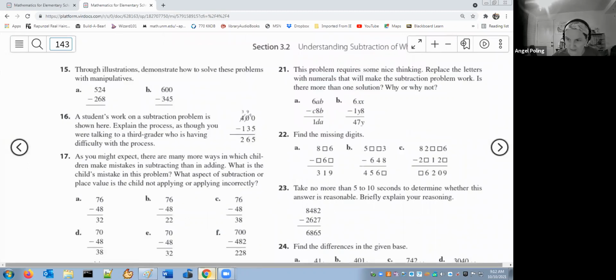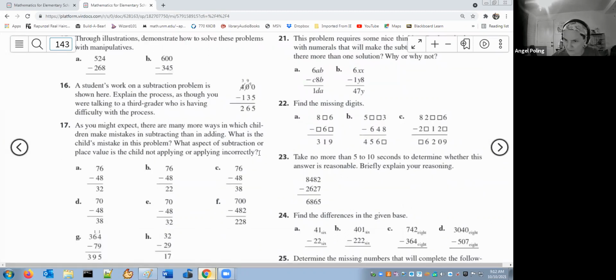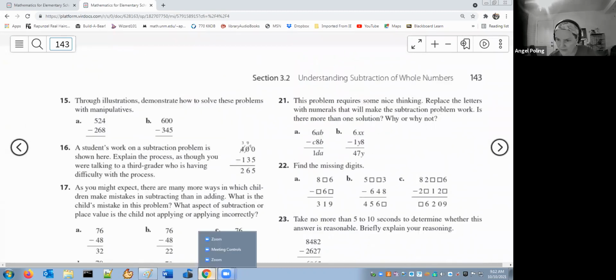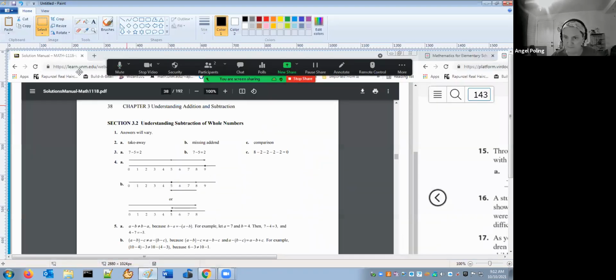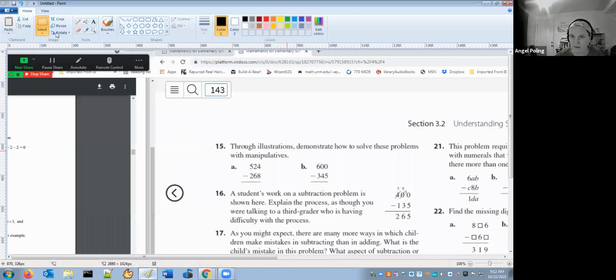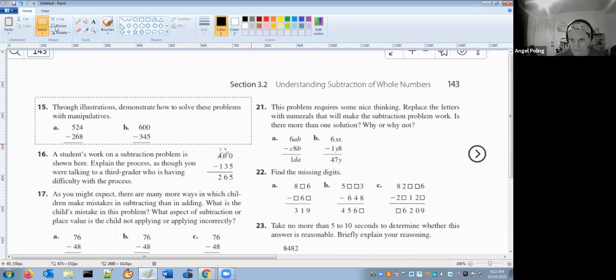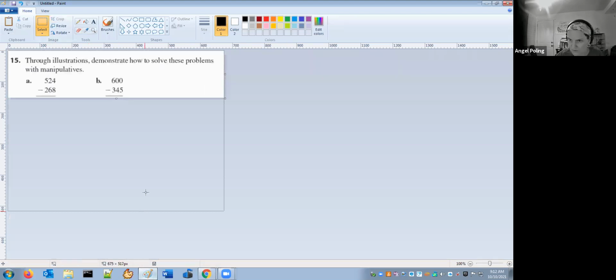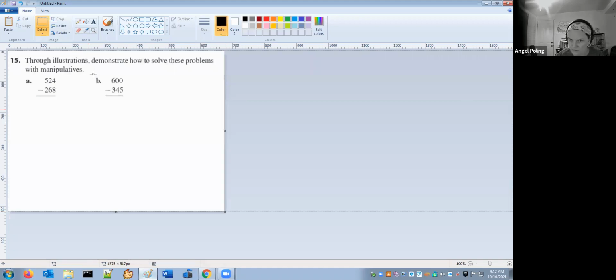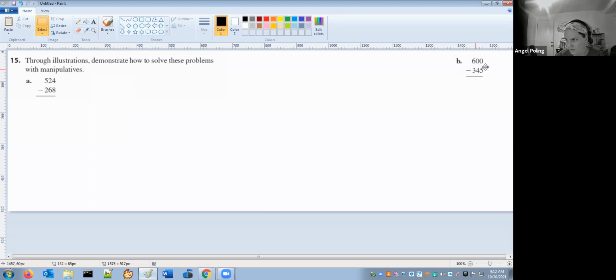So 15 and 17. So maybe let me do E, F, G, I'll just come back for it. Okay, so 15. So we'll move B over there in the corner.